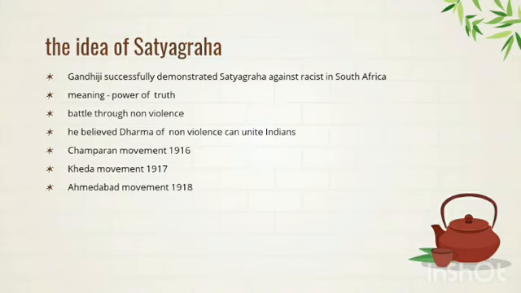In 1918, Gandhiji went to Ahmedabad to organize a Satyagraha movement amongst the cotton mill workers.